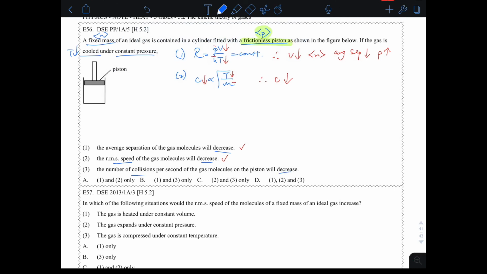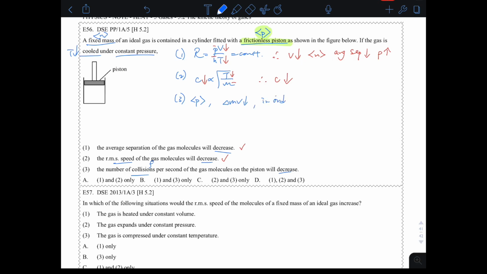And lastly, the number of collisions per second will decrease. That means we want to talk about the frequency here. Then we have to talk about the microscopic stuff. Now what we know is the pressure is kept constant, while the change in momentum in fact decreased because the temperature decreases, so the speed is decreased.